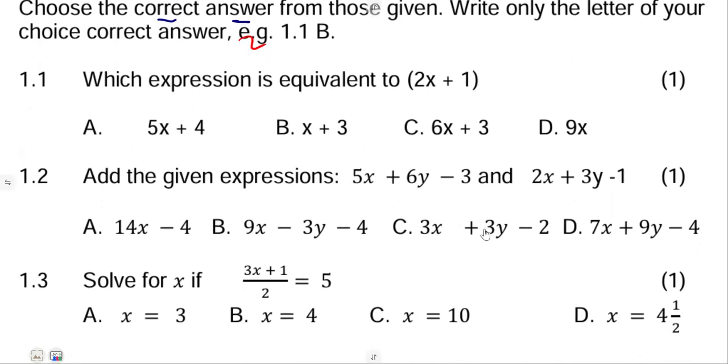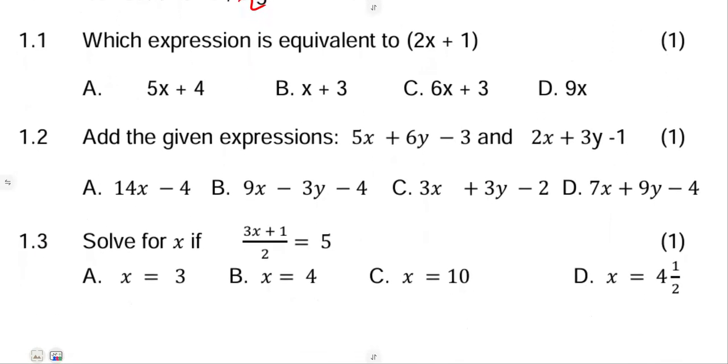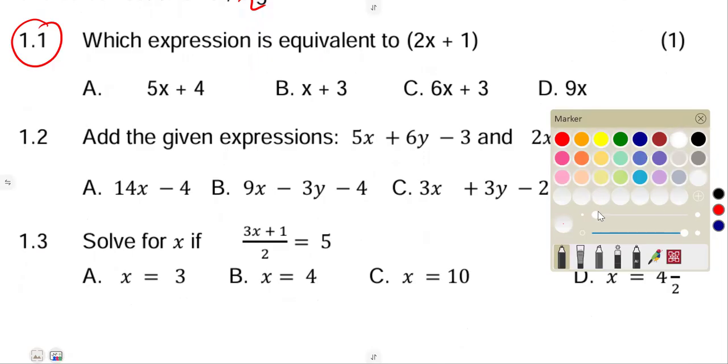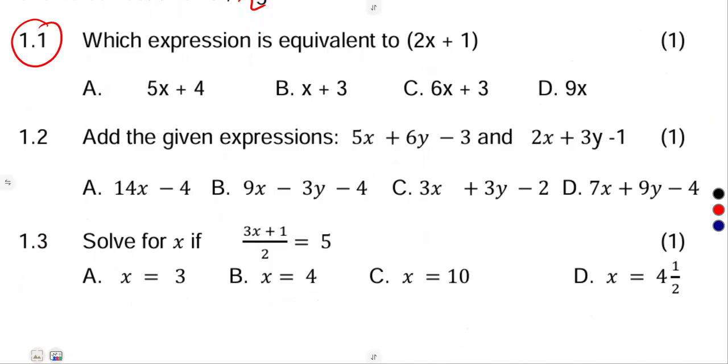So anyways, the first part was 1.1. Which expression is equivalent to what we are given on that part? Here I'm just going to correct this part.